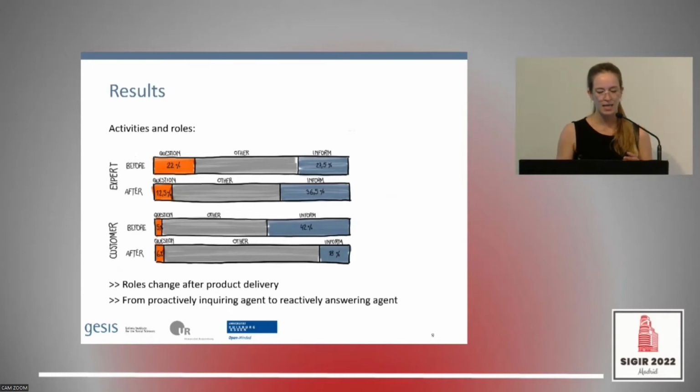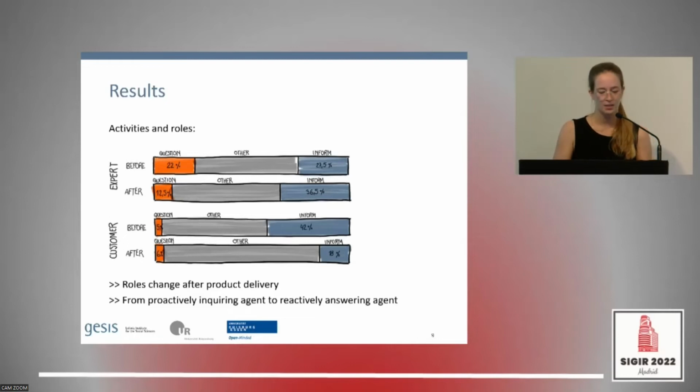You can see that before the product link was sent, experts asked almost twice as many questions as after the link was sent. Now, looking at the informing statements, so for example, explanations or answers to the questions, we see the inverse behavior. So experts informed more after the link was sent, while customers informed more before they got the link. So you see that the roles that the experts and customers take on, those roles change during the conversation.